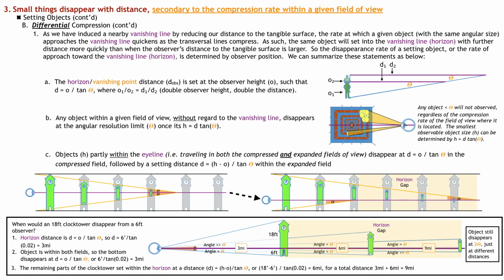But if I lower my eye height within this same corridor and were to watch this object move away with distance, I would see the lower aspect ascend to the purple line at a faster rate because it is nearer. In other words, the lower horizon is nearer, and what's remaining of the clock tower after that point would then set with distance, but the number still comes out to 2 theta.